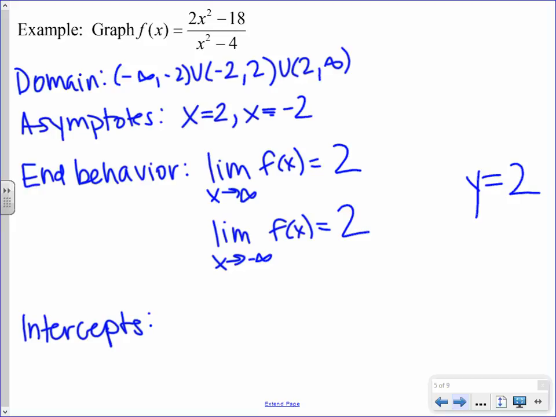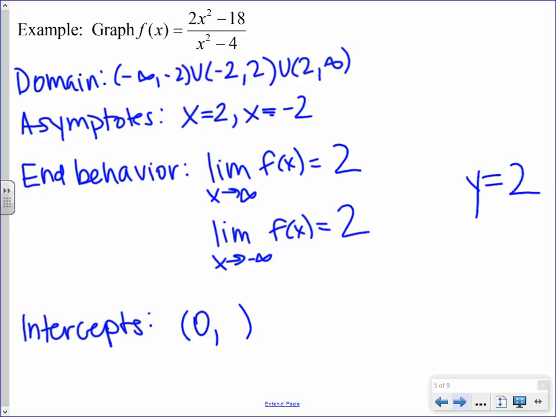Okay, Jennifer, if we plug in 0, what is our y-intercept? If we plug in 0 for x, what is our y value? 4. Well, if we plug in 0, we'd be left with -18 in the numerator and -4 in the denominator. Do you agree? Okay.